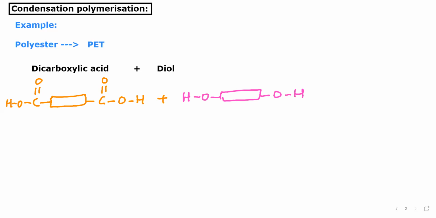So here when I have this, what I am gonna do, OH from here and H from here, right? This is the main part of the molecule that is gonna be eliminated, and the rest, I am gonna bring it down to connect. So now I'll just simply bring it down.